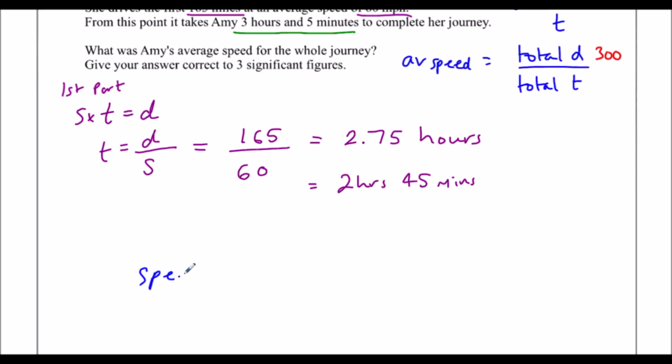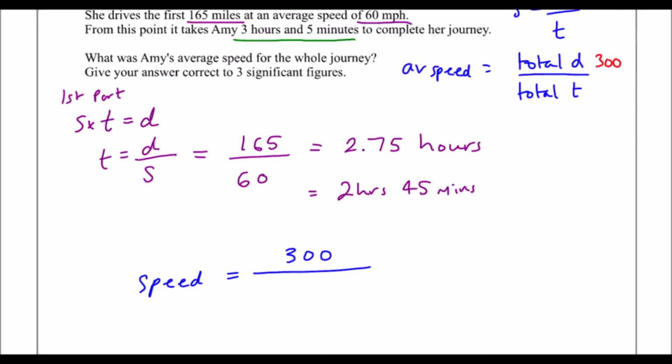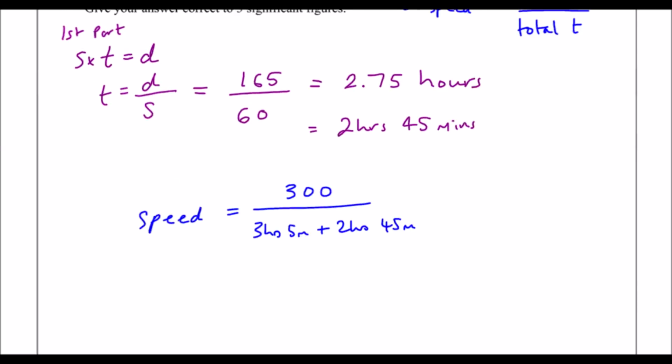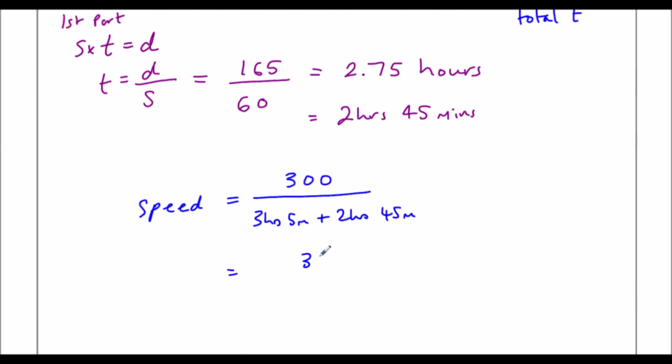So speed is total distance, which is 300, over total time. So 3 hours 5 mins plus 2 hours 45 minutes. So we've got 300 over 5 hours and 50 minutes. We've got an option here.